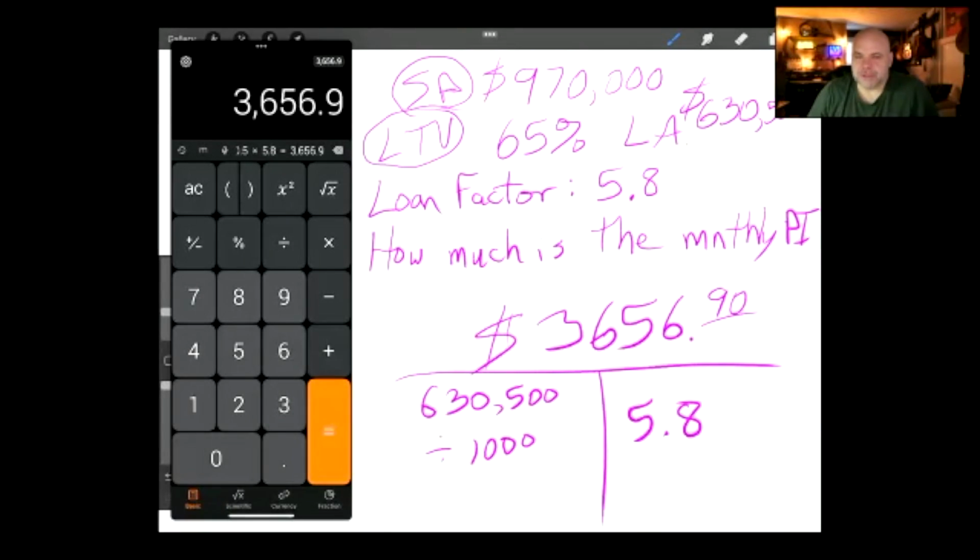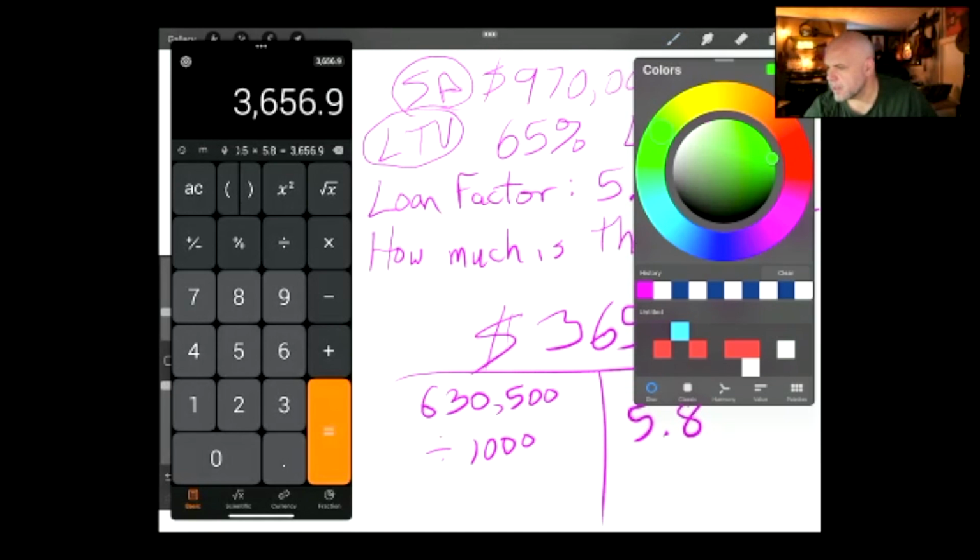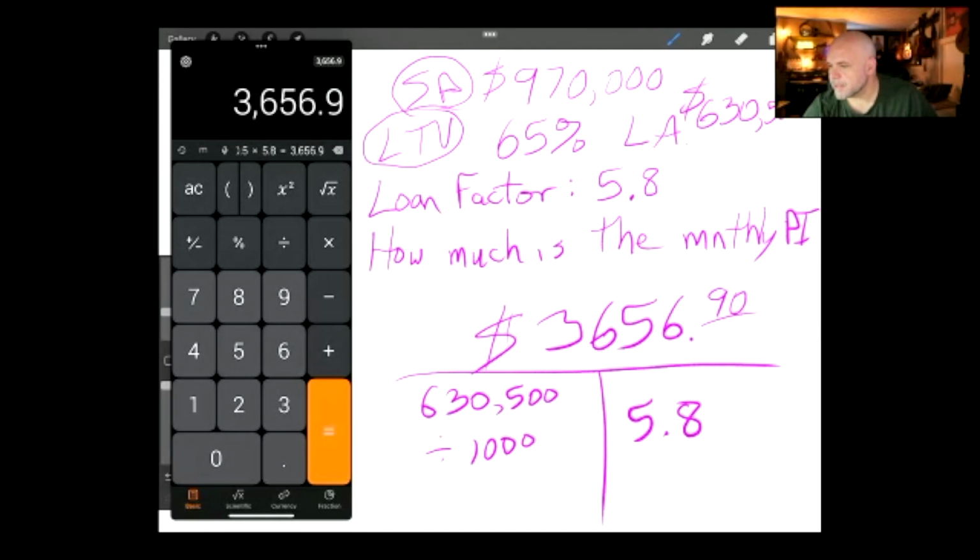You can break most of these math problems down to no more than 3 or maybe 4 steps. So I would probably say that step 1 is this. Get the loan amount. They might be nice and tell you the loan amount, and you don't have to do the calculation for it. So watch out for that. Just because they tell you the loan amount, don't think, wait a minute, now what do I do?